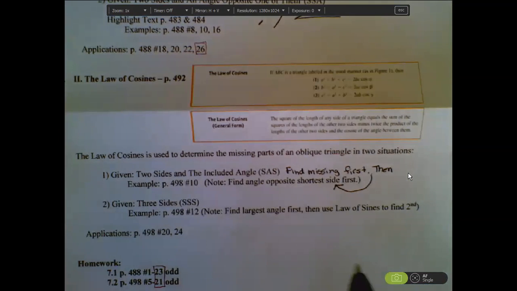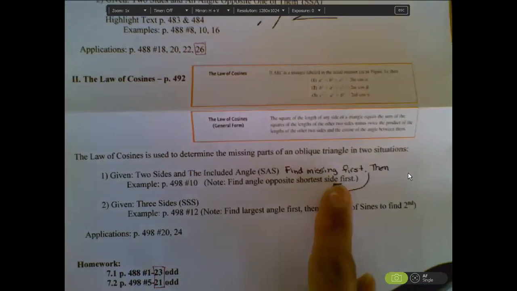The angle opposite the shortest side has to be an acute angle, a first quadrant angle, so you don't have to worry about, oh, but there's another angle in the second quadrant. So that's how you avoid the ambiguous case if you're given 2 sides and the included angle.